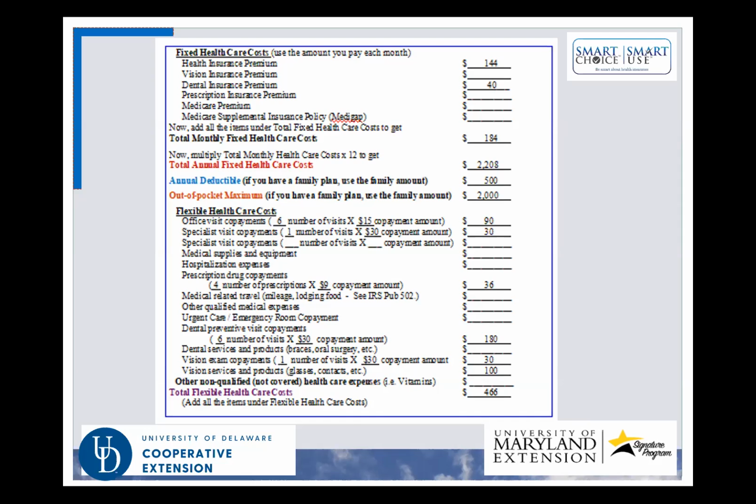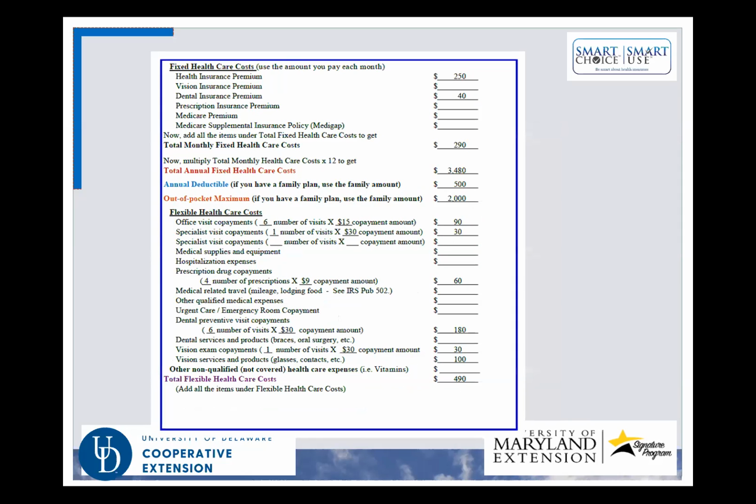Let's see, vision, 1 specialist visit at $30 and glasses for $100. So total flexible healthcare costs adds up to $466. So you can see once you get organized and have a good inventory of how you're using healthcare services, you can begin to put numbers on things. All right, next slide.